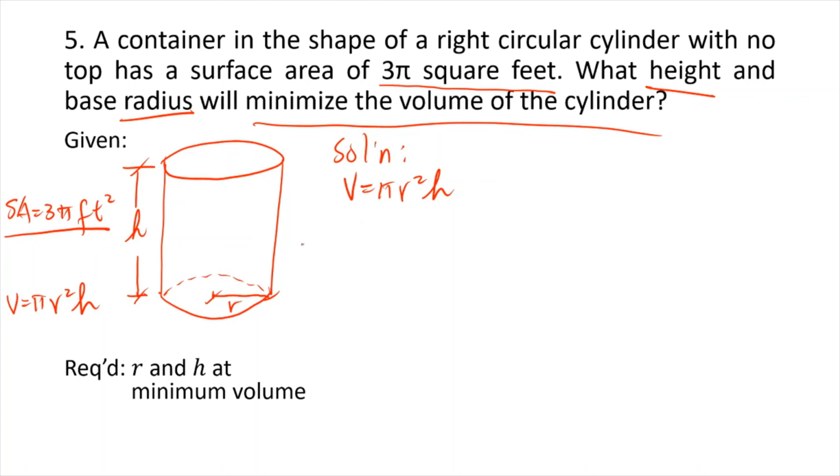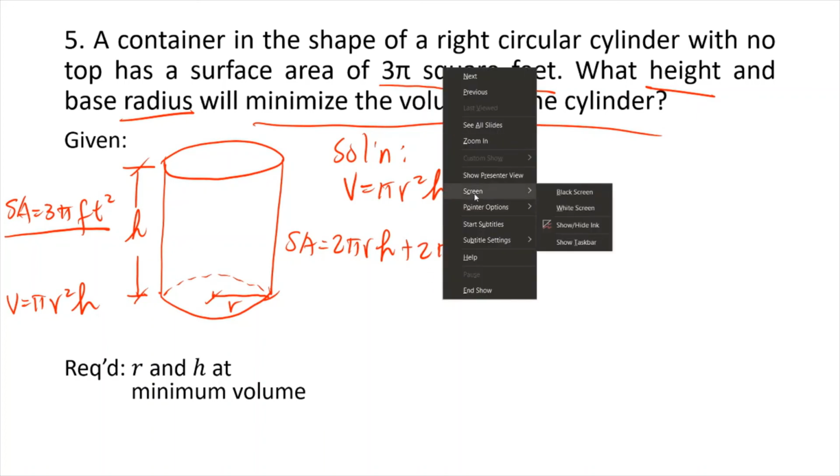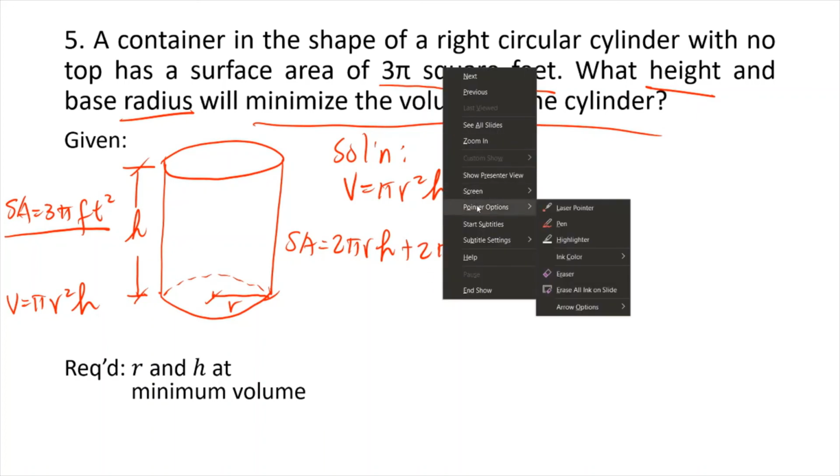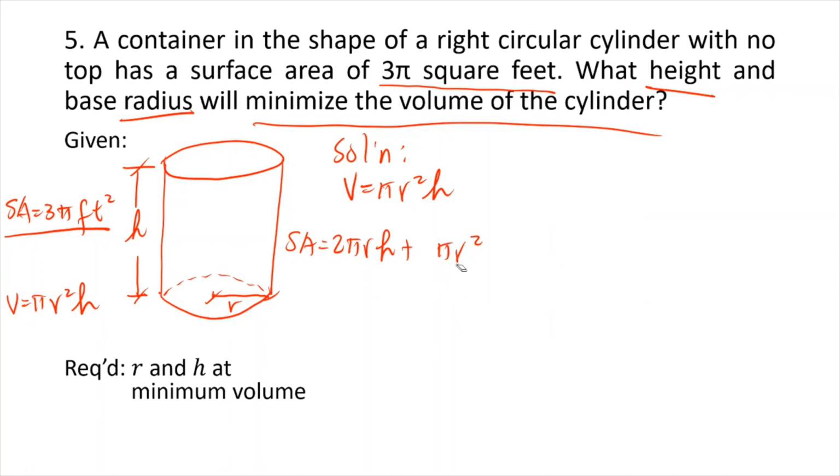The formula for the surface area of a cylinder is 2 pi r h, this is the lateral surface area, plus 2 pi r squared. This is if the top and bottom are present. However, in this problem, it is stated that there is no top.